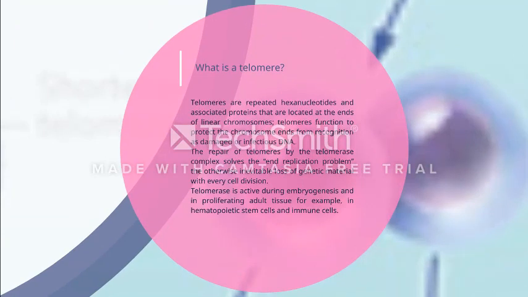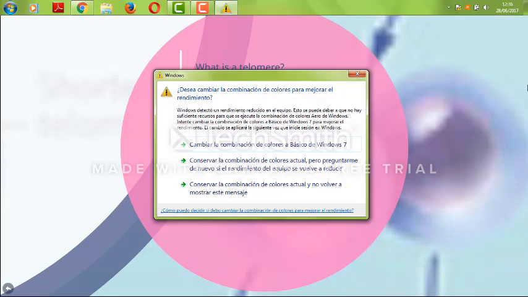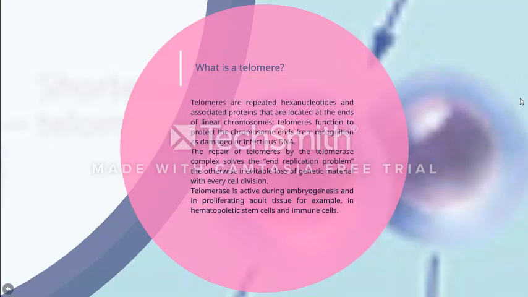What is a telomere? Telomeres are repeat DNA sequences and associated proteins that are located at the ends of linear chromosomes. They protect the ends from recognition as damaged or infected DNA.